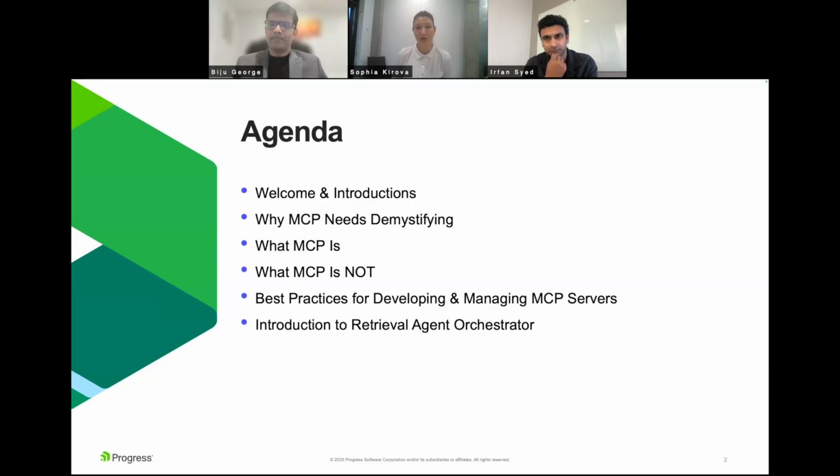But there are also a lot of questions around where MCP can bring a lot of value, which is why we're also going to be talking about how to actually design an MCP workflow and what are the best practices for developing and managing MCP servers.